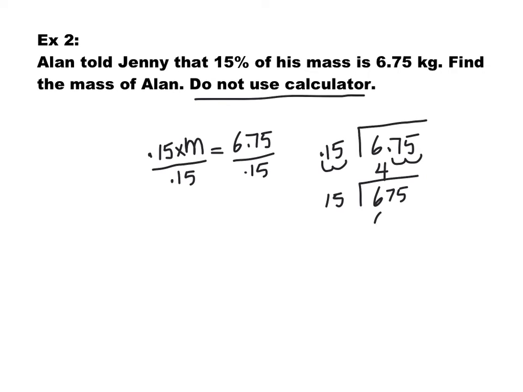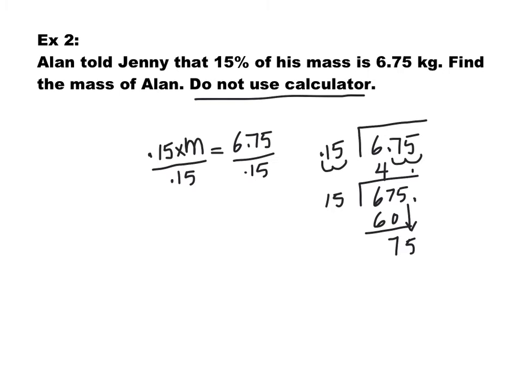4 times 15 is 60. So 67 minus 60 is 7. Remember, the decimal is here, so I put the decimal point here. Now I bring 5 down.